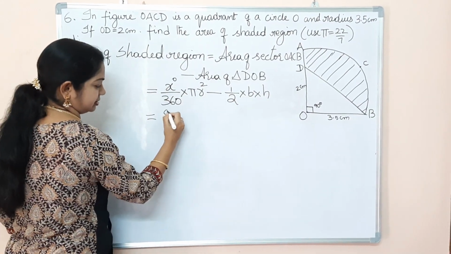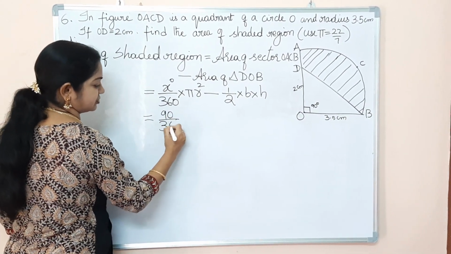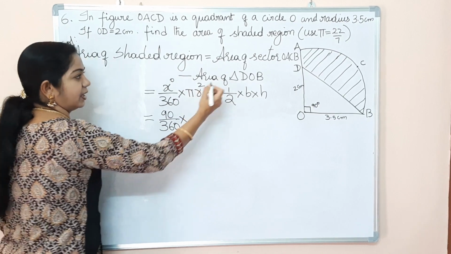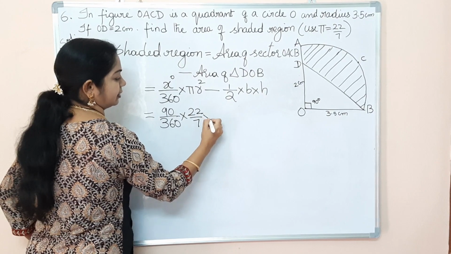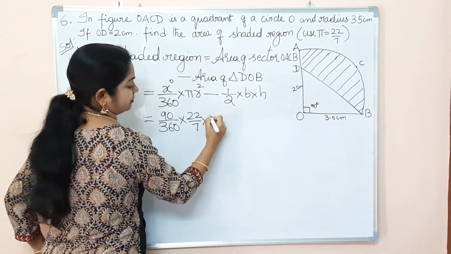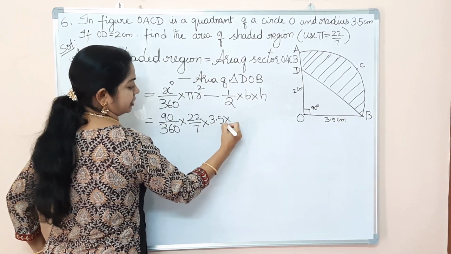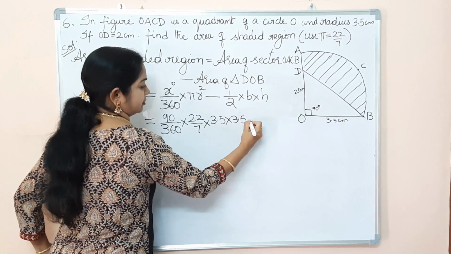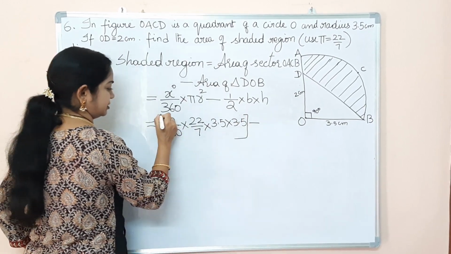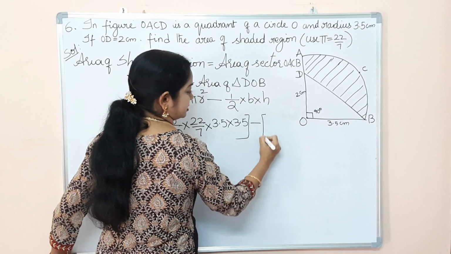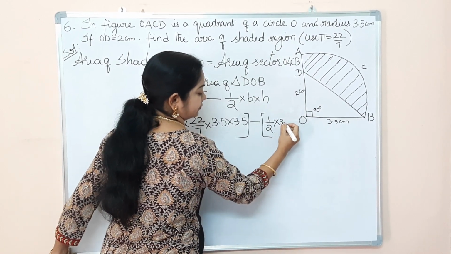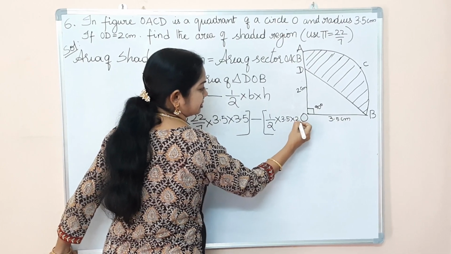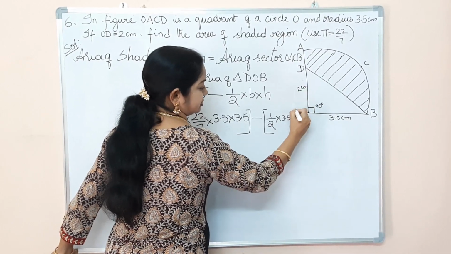Now we'll substitute the values. X is our 90 degrees by 360 into pi value given as 22 by 7 into R value is 3.5 square, minus, let us keep this in one bracket, minus half into base is 3.5 into height is 2 centimeters.